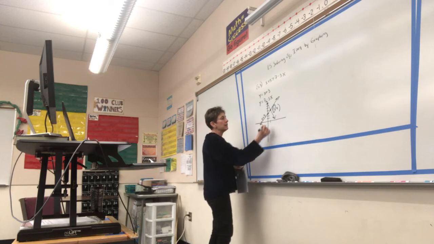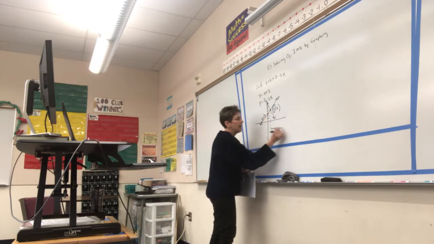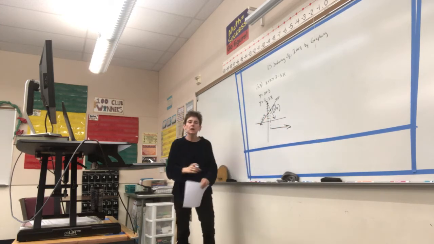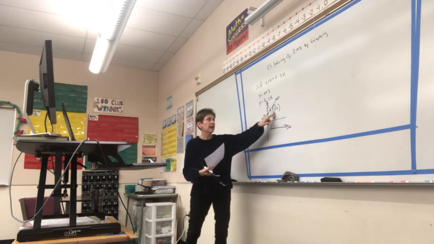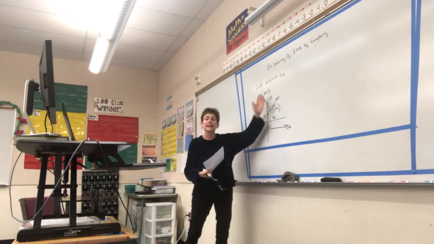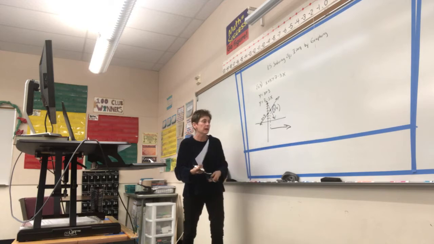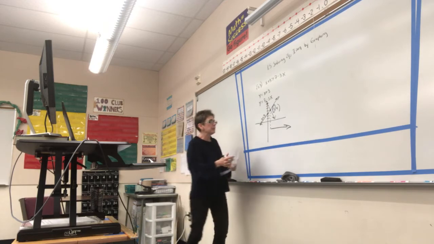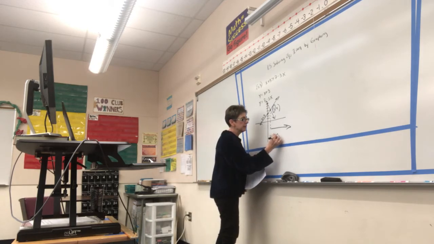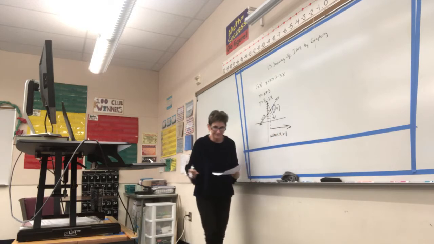It would be any time we're past when x is 1. So after x is 1 is when this line has a higher y value than the other line. So our answer here would be when x is greater than 1.